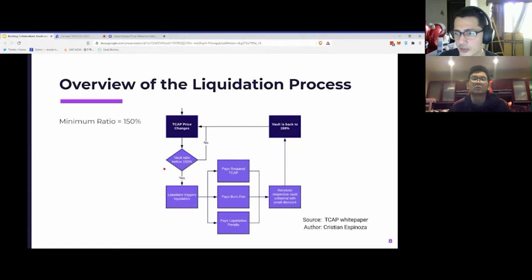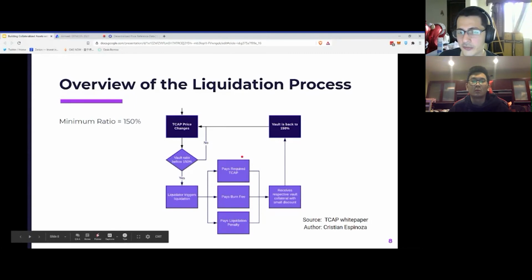So that's the reason why you want to avoid this kind of behavior: if you get liquidated, you're going to lose some amount of money, and the liquidator is going to earn that amount. So you trigger the liquidation, then you pay the related fees, and then the vault is back to 150%. And this process keeps going until all the debt is paid.